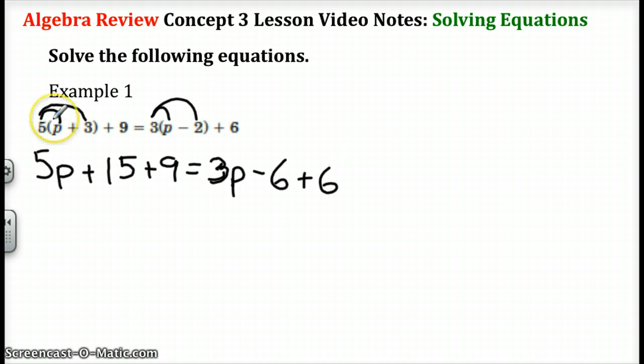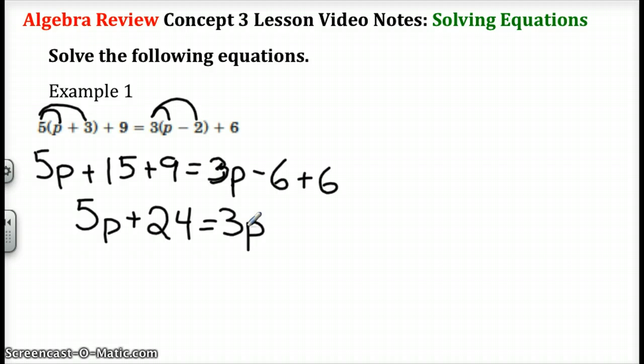From here now, we're going to combine like terms. So anything that has a p in it, we will put together, and any of the constants we'll put together. So we're just going to look at the left side first. We'll have 5p, and 15 and 9 together will be 24. Plus 24, and we will have 3p, and negative 6 plus positive 6 will be 0.